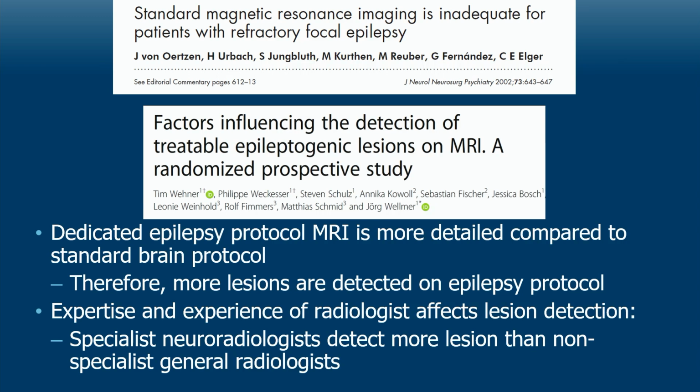For epilepsy patients, we would typically do a dedicated high-resolution epilepsy protocol that is much more detailed and higher resolution compared to a standard brain protocol. In that way, we can then detect lesions that are subtle on the epilepsy protocol.